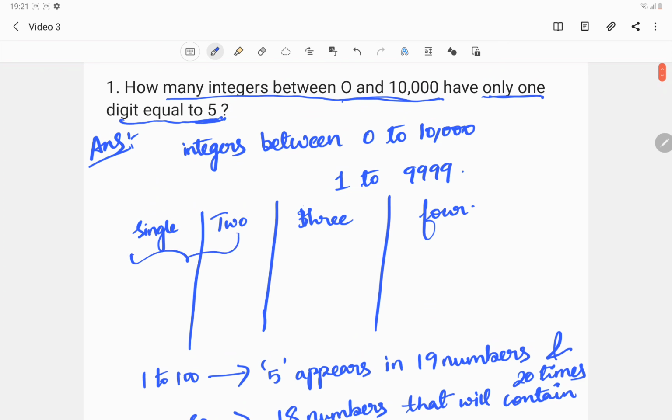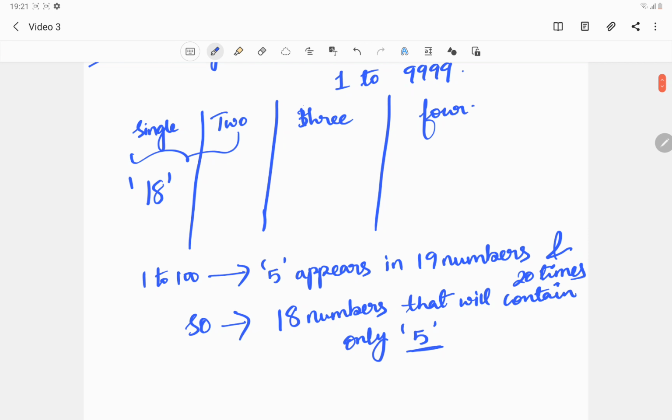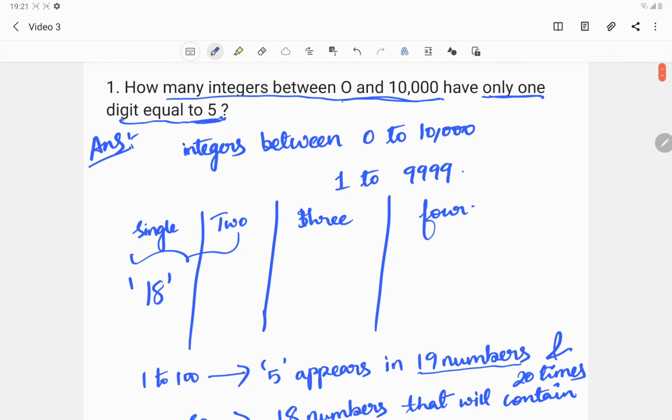So single and 2-digit, there will be 18 such integers, because the 19th integer, as discussed in the earlier video, will be the number 55. It contains two 5s, so we will not consider that number. Rest of the numbers we will consider, because rest of them have only one 5.